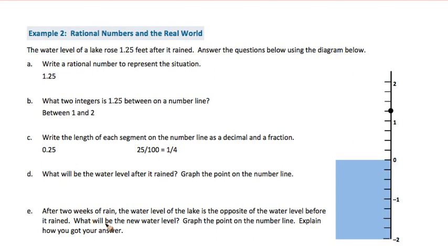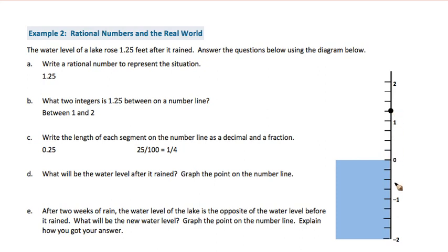Our next question, after 2 weeks of rain, the water level of the lake is the opposite of the water level before it rained. I believe we have a little bit of a typo going on there. I would say that we need to change this to after 2 weeks without rain, since we are going to be graphing the opposite. But let's go ahead and graph the opposite number first.